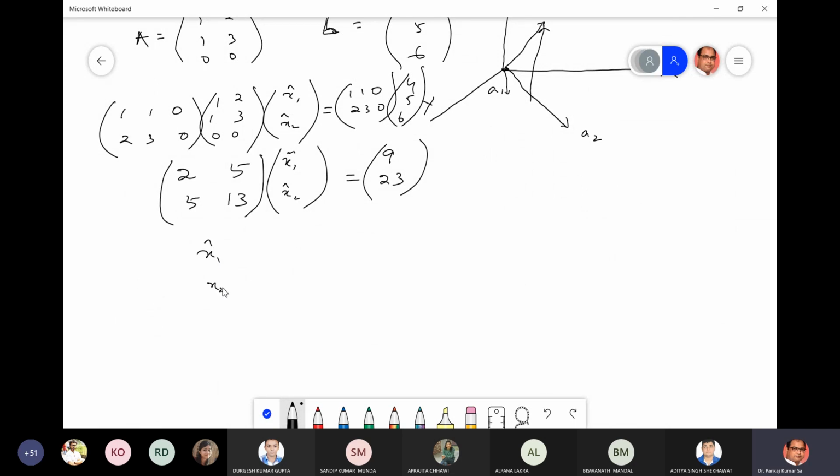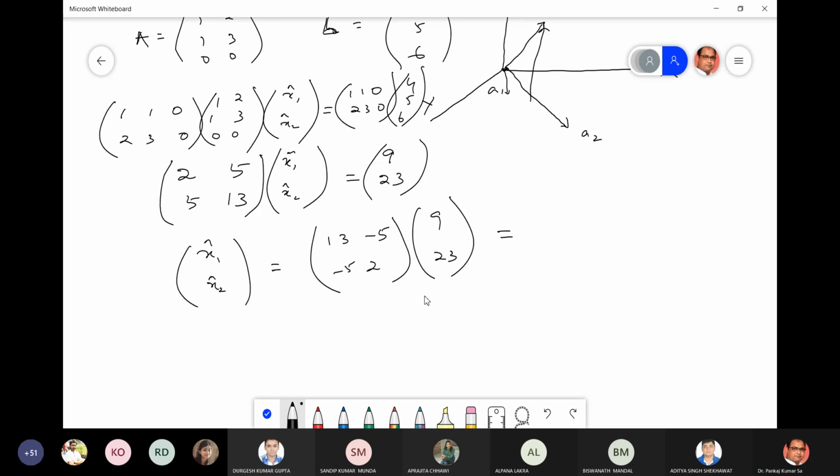So x1 cap, x2 cap. This becomes 1 over 13 times the matrix with 13, minus 5, minus 5, 2, applied to 9 and 23. Just find out how much this is. 13 into 9 is 117, minus 23 into 5, that is 2.